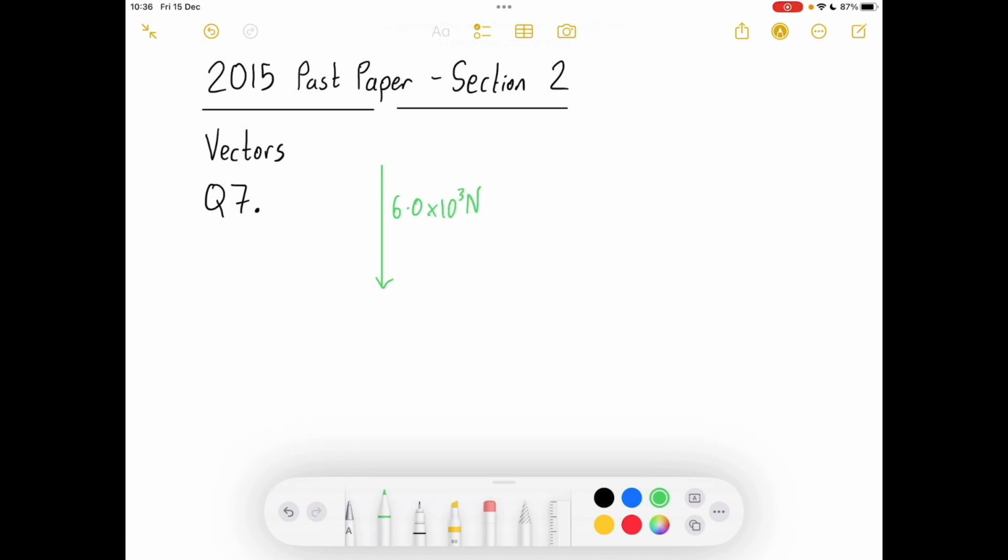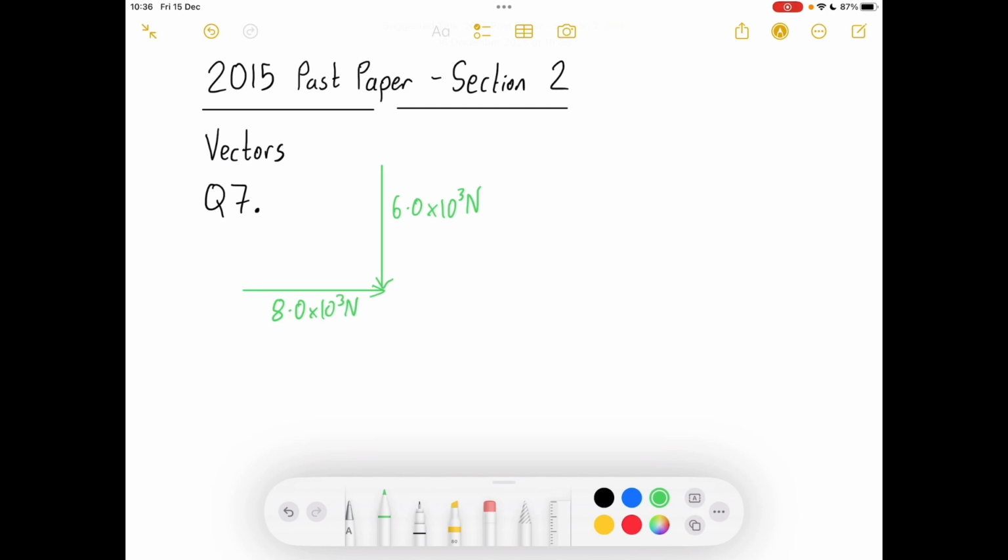I also have the ship itself producing its engine force this way of 8.0 times 10 to the 3 newtons. Now, the first thing you need to identify here is that both of these vectors are coming nose to nose. The points of the arrows are coming together, which we need to fix.